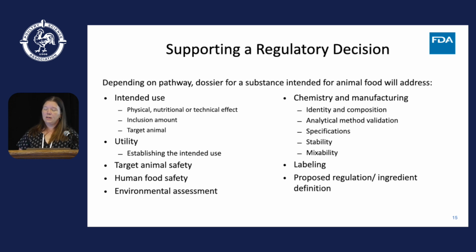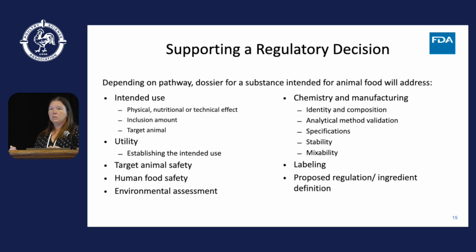Then from a scientific data perspective, we need information on utility. That utility is the type of data and information that's going to show us how to confirm that the intended use, when you feed this substance, it actually occurs, right? So it is establishing the intended use.